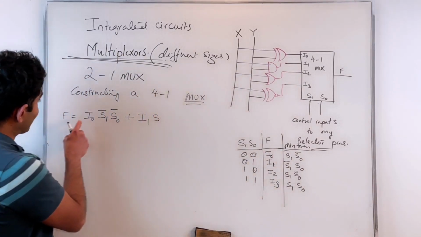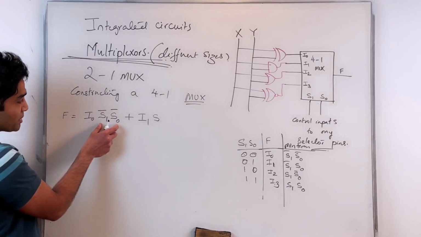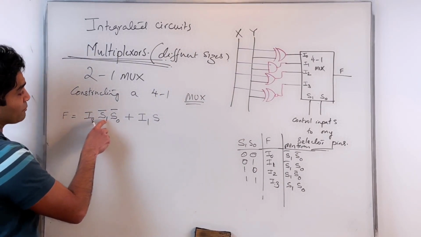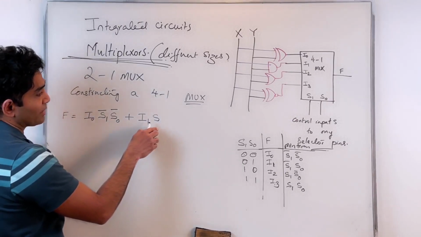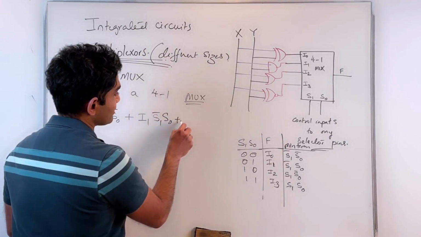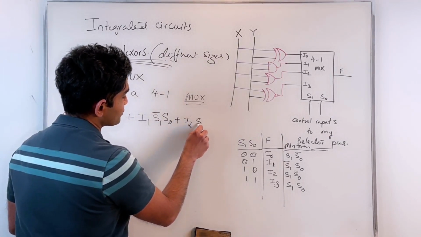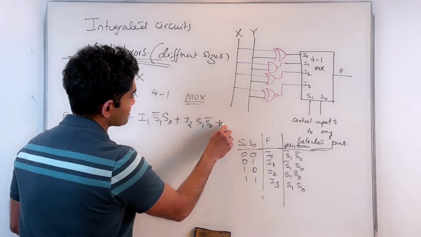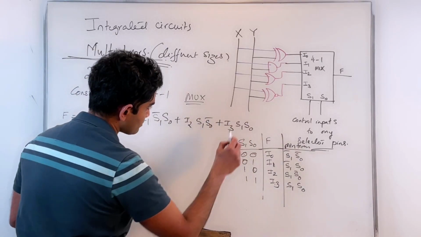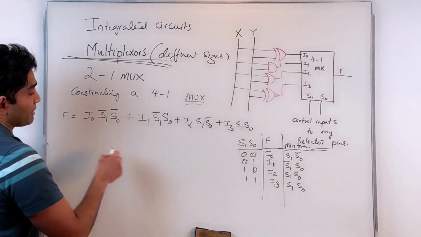So now I write f as a function of minterms along with I0. In this case, f is I0 times S1 prime S0 prime plus I1 S1 prime S0 plus I2 S1 S0 prime plus I3 S1 S0. So this is how I would implement my multiplexer.